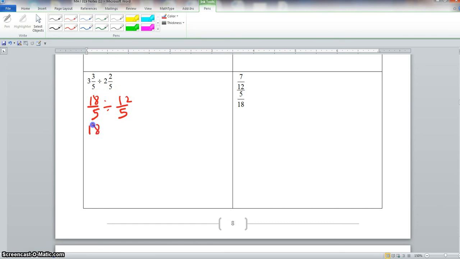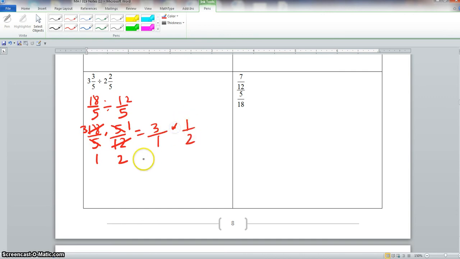So we would keep the first fraction the same, change division to multiplication, and take the reciprocal of the second fraction. Now we do cross simplifying. 5 goes into 5 once, 5 goes into 5 once. 18 and 12 both have 6 in common. 6 goes into 12 twice. 6 goes into 18 3 times. So this will give us 3 over 1 times 1 over 2.